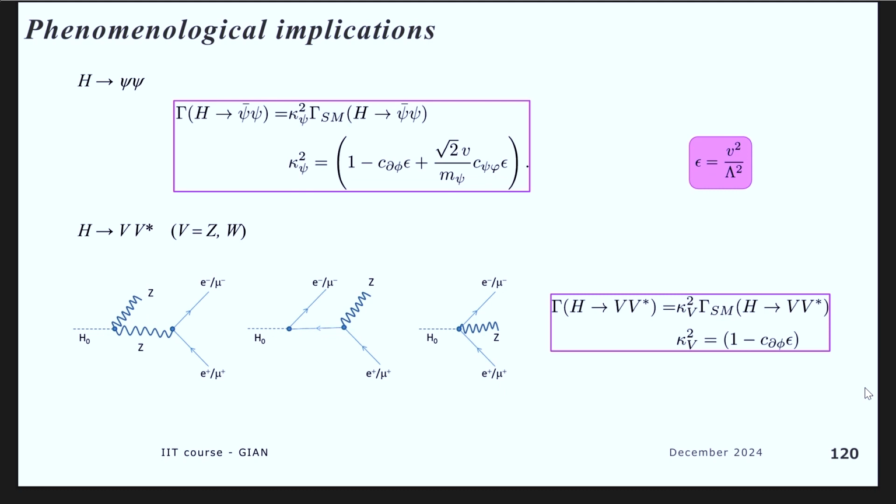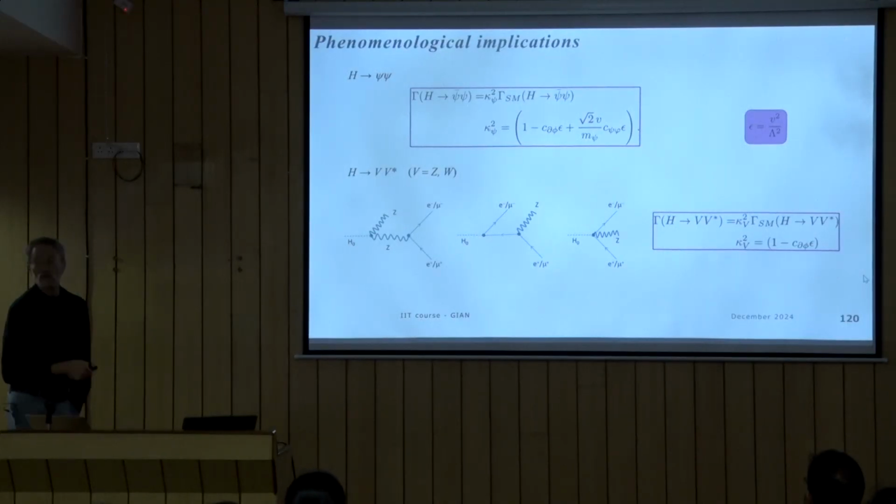You can also calculate the Higgs to VV star, that is producing a physical Z or W and a virtual Z or W, which was one of the discovery modes of the Higgs. And you see that, as I argued, this vertex here has to be standard model within the precision available.